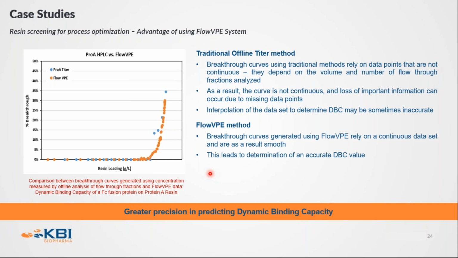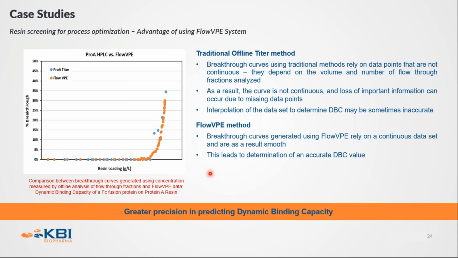Yeah, and I think I understand it pretty clearly that if you can use your real cell culture harvest for this, you will get a more accurate representation of the DBC than if you just used a pure protein to load your column, right? Am I catching that? Yeah, right. As I mentioned earlier, you can argue that we can use pure protein, but the presence of the other impurities is also going to impact how your protein binds to the resin.